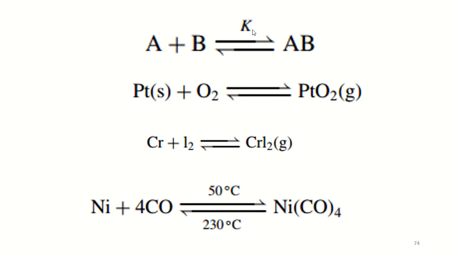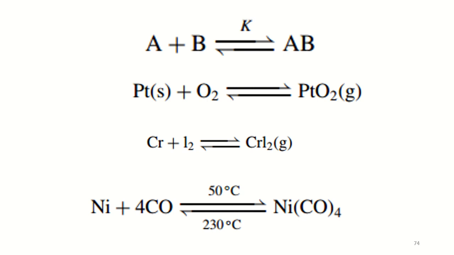Since K is temperature dependent, a concentration gradient of gaseous AB builds up along the length of the tube, which provides the driving force for gaseous diffusion and therefore for chemical transport.